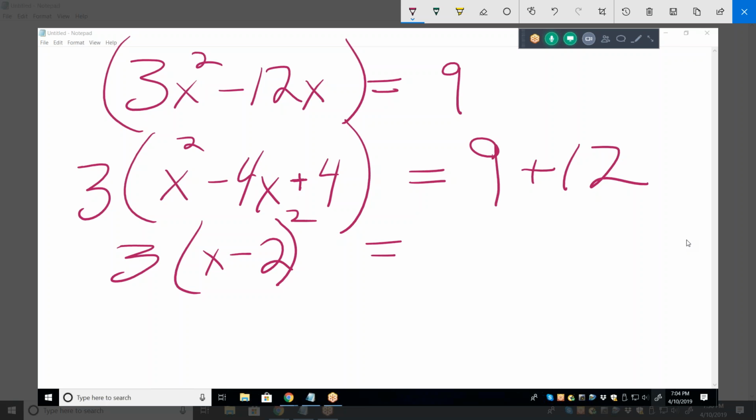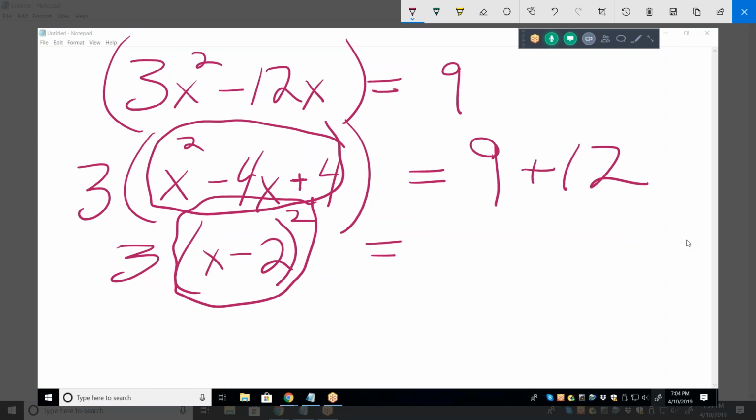No, this whole thing is equal to this. It always will be 100% equal to it because we have gone through the process of completing the square. And the reason we complete the square is so that we can write it as a linear term squared. Yep, and then it would be equals 21.